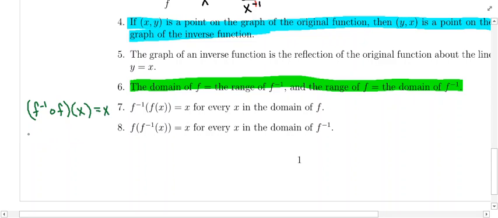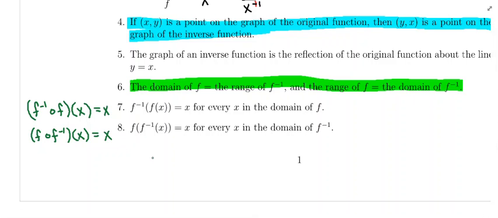But if you switch the order of the composition in number 8 and you do f of f inverse of x, when you do the composition in that order, you're also going to get x as the result. So if you compose a function with its inverse in either direction and you end up with x in both situations, that indicates that the two functions are inverses of each other.